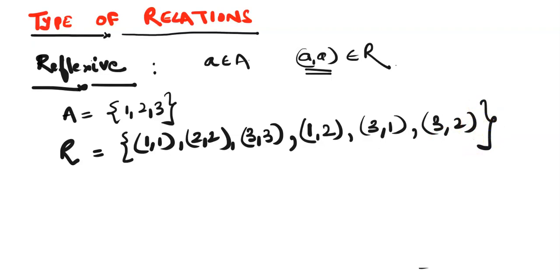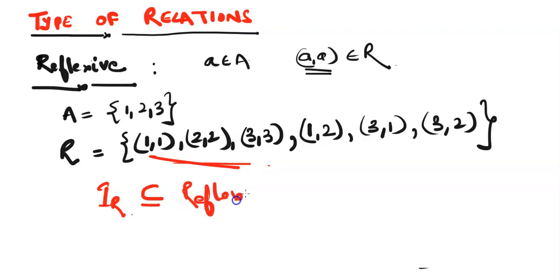However, the minimum requirement is that at least these three relationships should always be there. Hence we can say that the identity relation is a subset of reflexive.